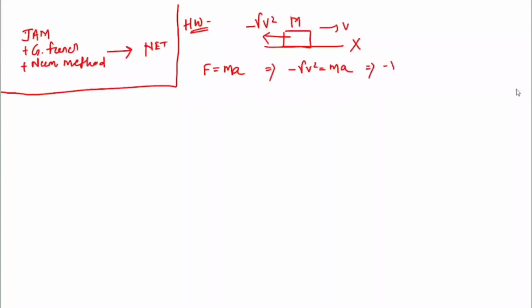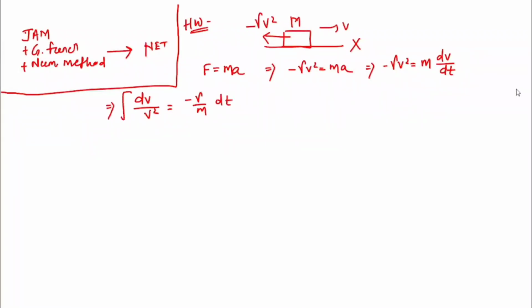We can write acceleration as dv by dt. Then we can clearly see that it is a separation of variables type of differential equation, and by separating the variables we get dv by v square is equal to minus gamma by m dt.